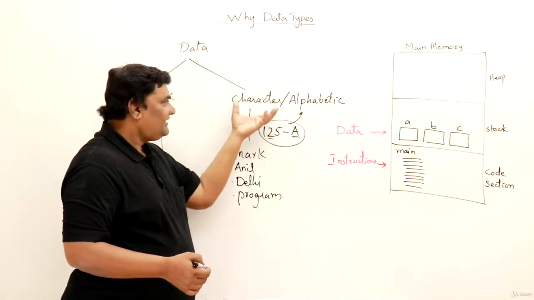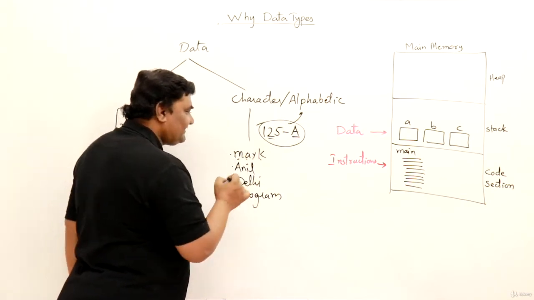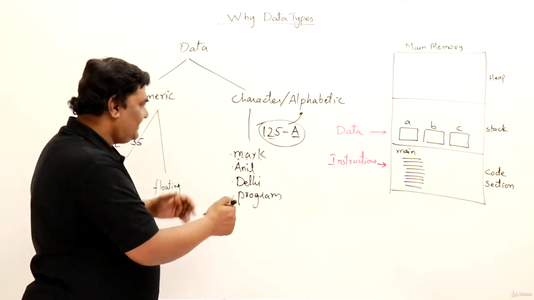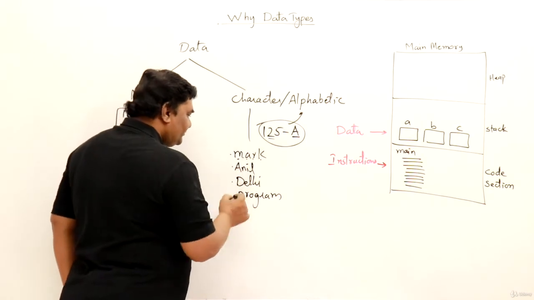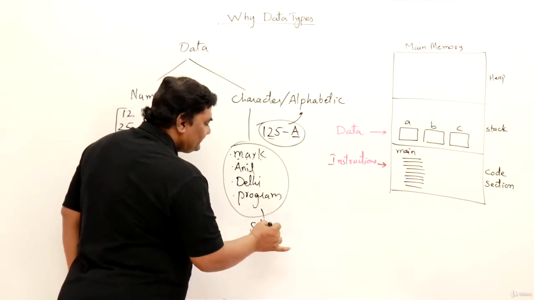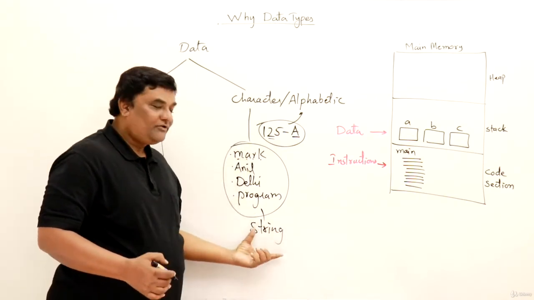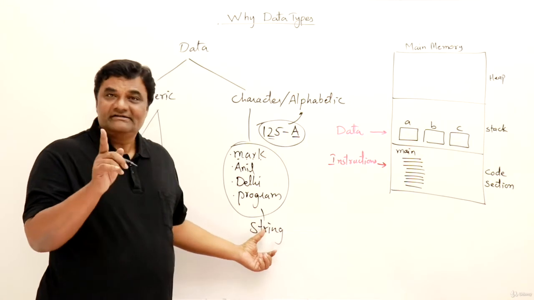These are nothing but characters. Actually, a character is just a single letter. But together they form a string. So we call this a string in our program. A string is nothing but a collection of alphabets or characters that form a single entity.